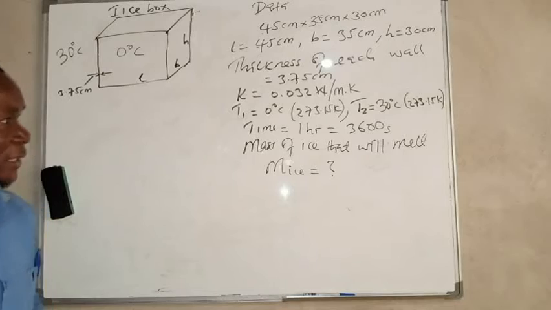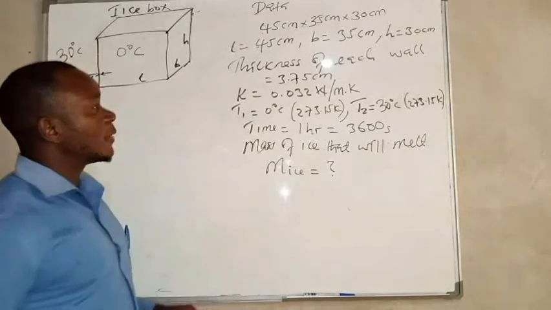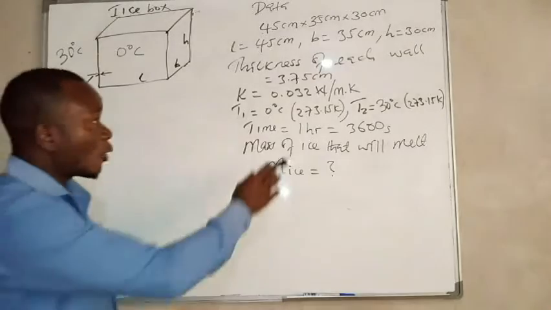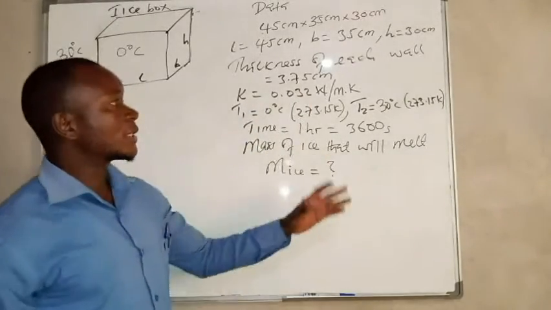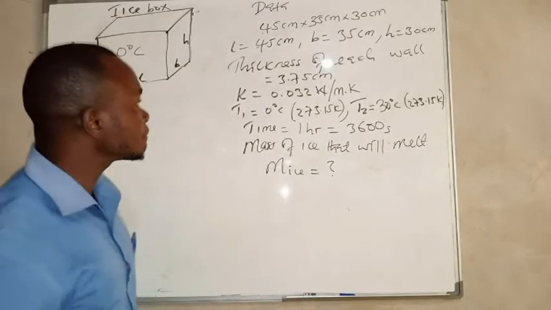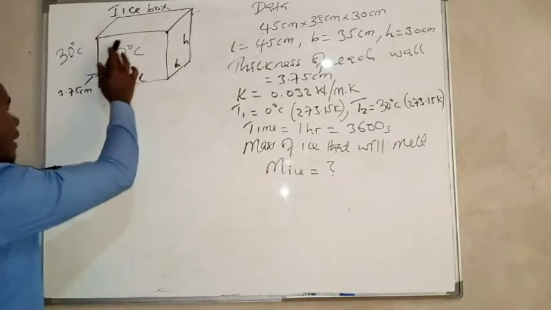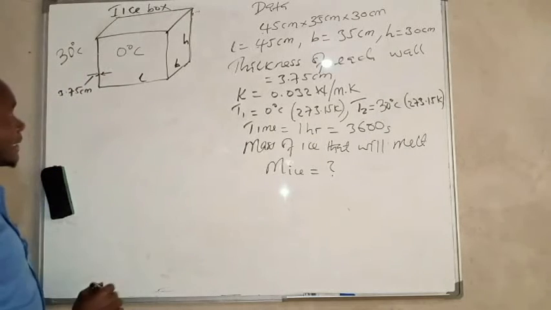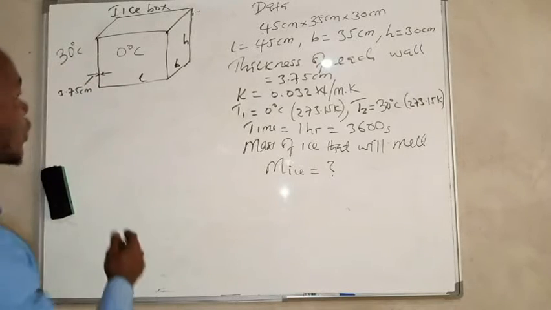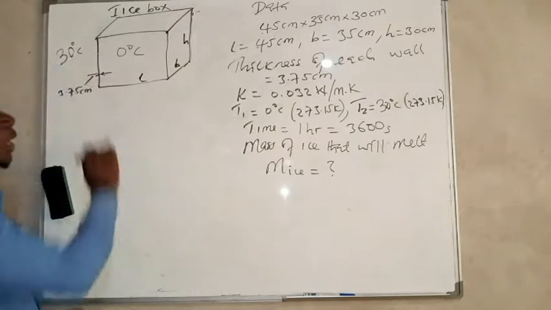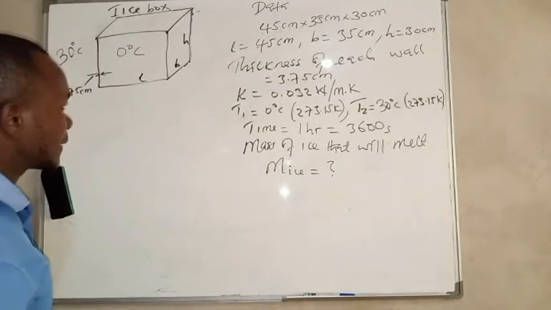3.75 centimeters. We also have the thermal conductivity, which is 0.032 watts per meter per Kelvin. The initial temperature, T1, is 0 degrees Celsius, and the outside environment, which we consider as temperature T2, is 30 degrees Celsius.